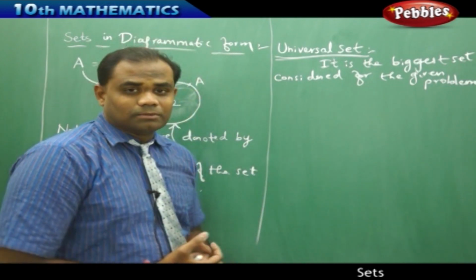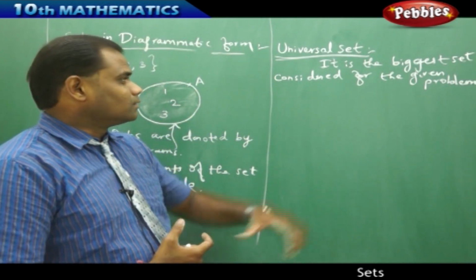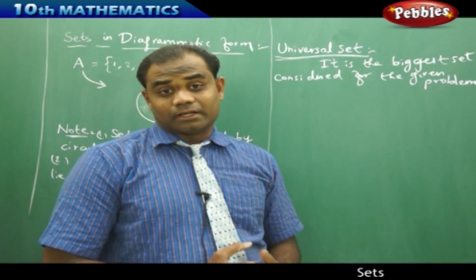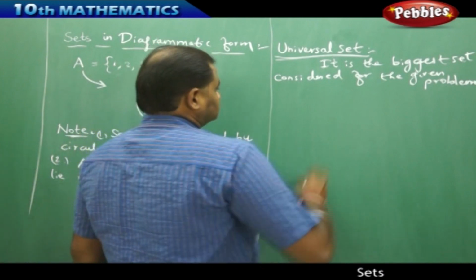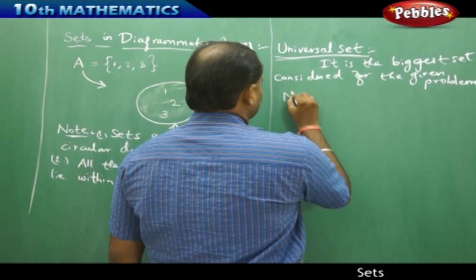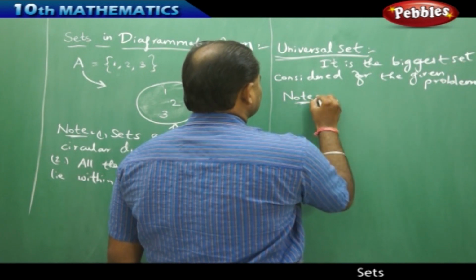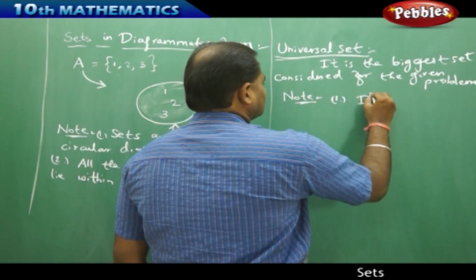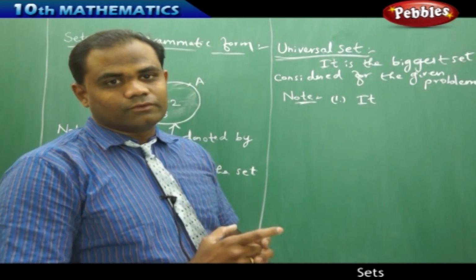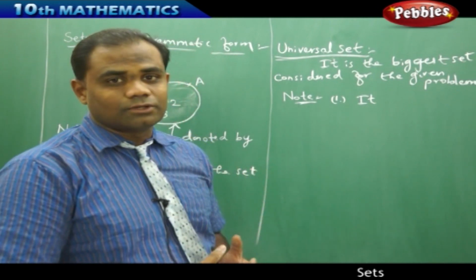So depending on the problems, the universal set differs, but now let's see how the universal set is represented in the diagrammatic form. Firstly, it is denoted with either U or mu. The first thing we need to understand is how do we represent the universal set?